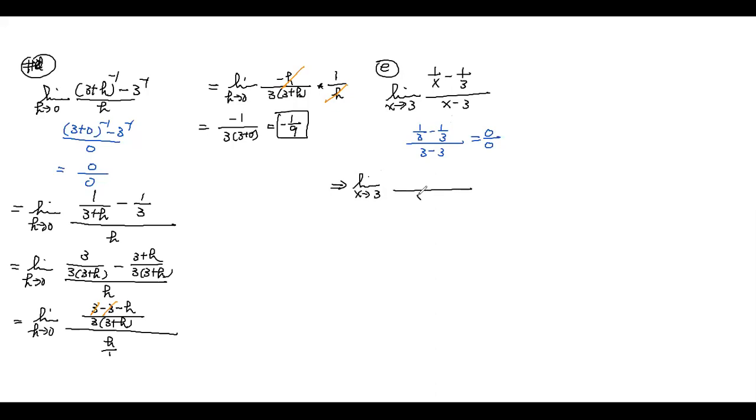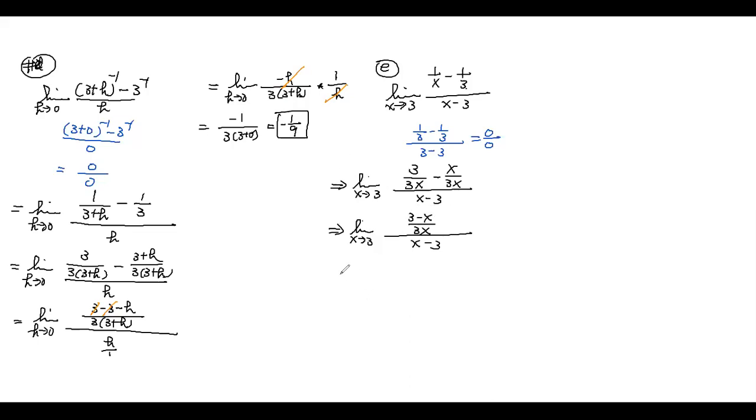So now let's combine the fractions again. What is the common denominator? 3x, right? So this is x, so the top is 3, and this is 3, so the top is x. Really, it's kind of a test of your algebra skills. So here, this is x minus 3, then this is 3x, and this is 3 minus x.